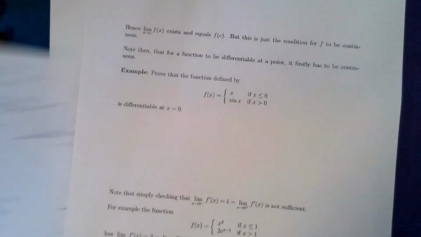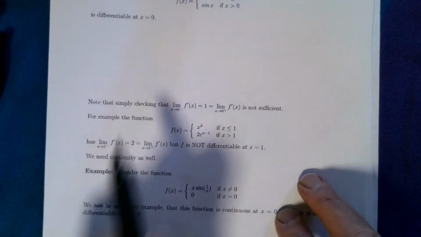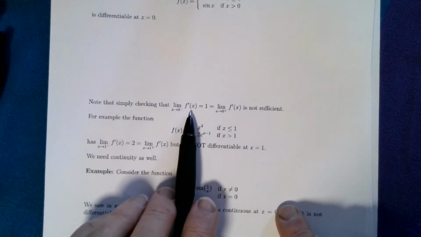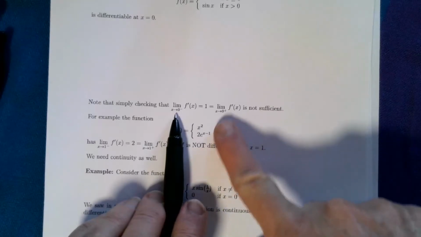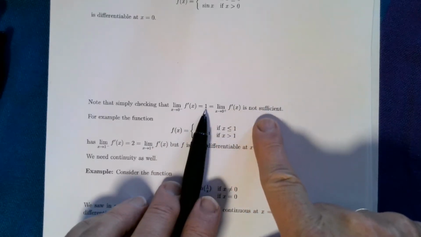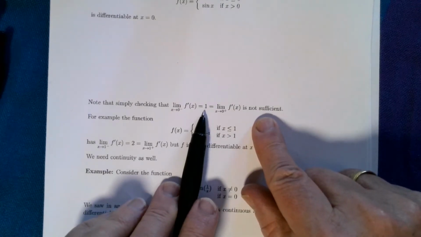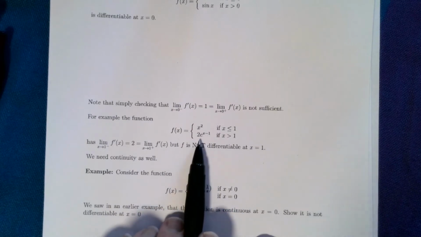By the way, I mention here in the notes that simply checking that the left and right values of the derivative are equal is not sufficient. You have to also check continuity. And as an example of that, we have a look at this example here.